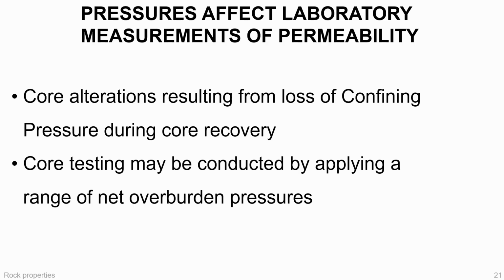For this reason, laboratory permeability tests often apply confining pressure to the sample so that the test better simulates the in situ stress state of the reservoir. This helps produce a more realistic estimate of how fluids actually flow underground.